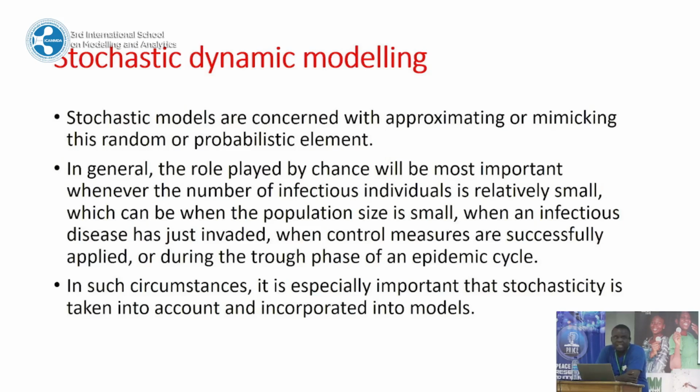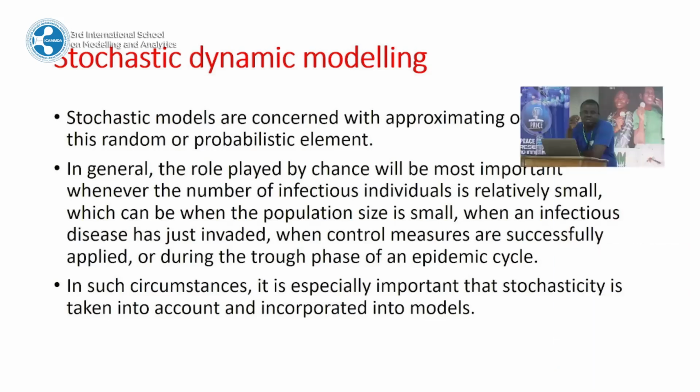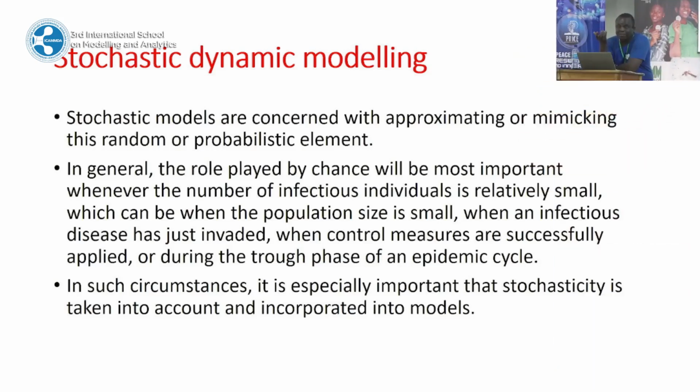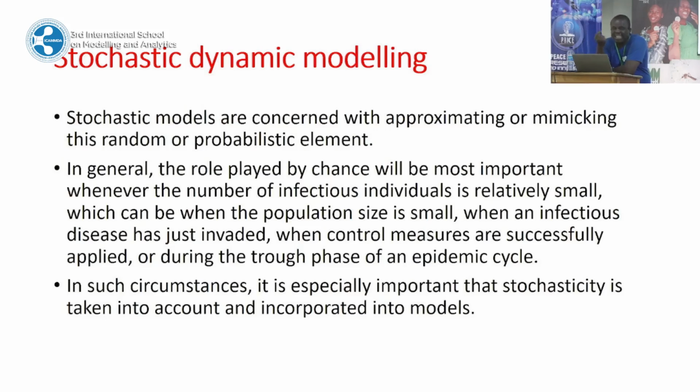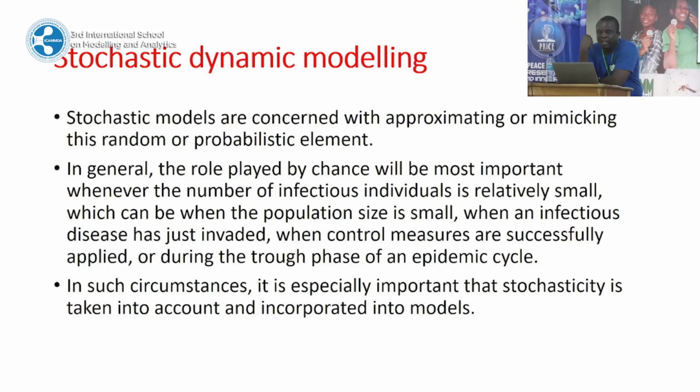Like we said, at the beginning of an epidemic, the random nature of the epidemic is highly observed because very few people have been infected. The way the disease is transmitted from one person to another follows a very strong random nature, and with that you can really capture stochasticity, especially at the beginning when the population size is still very small.